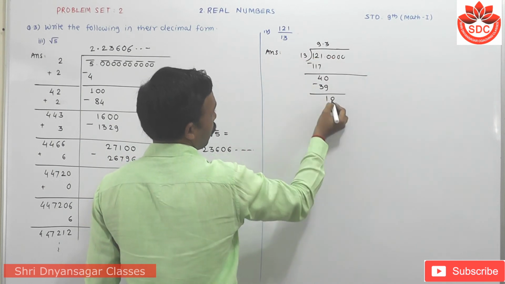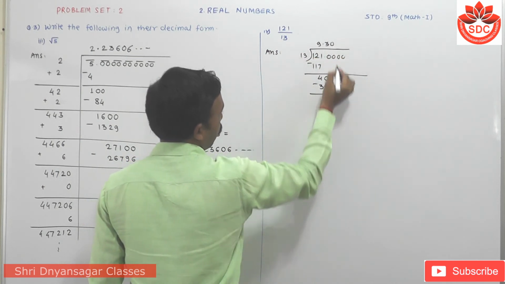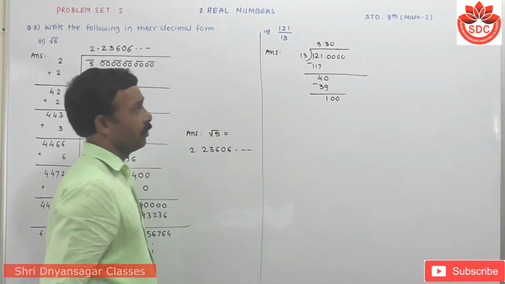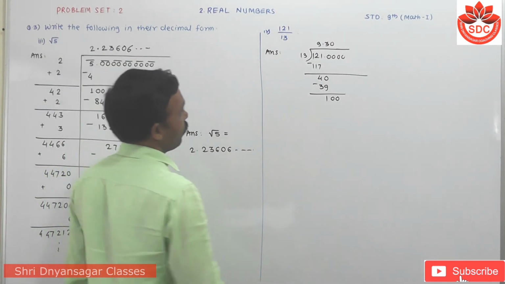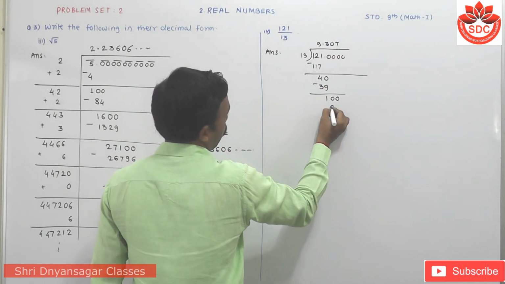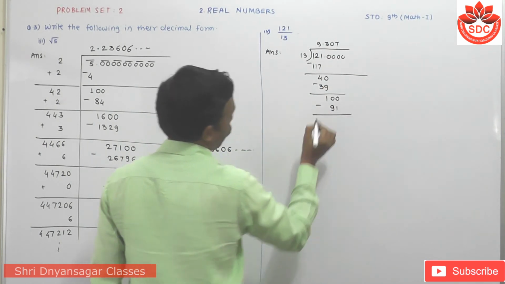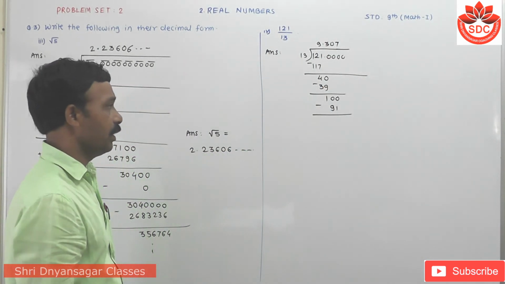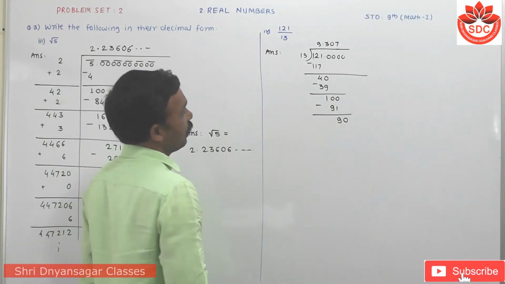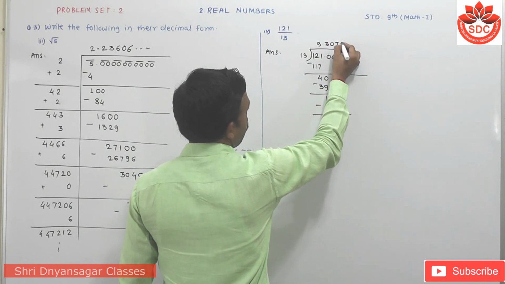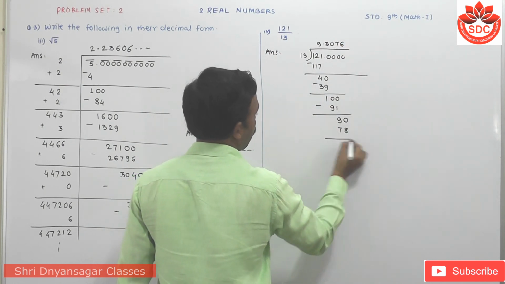We cannot divide it, then take here 0, then it becomes again 0. Then 100, then 13 sevens are 91. Then remaining here is 9, it becomes 90. Then 13 sixes are 78.